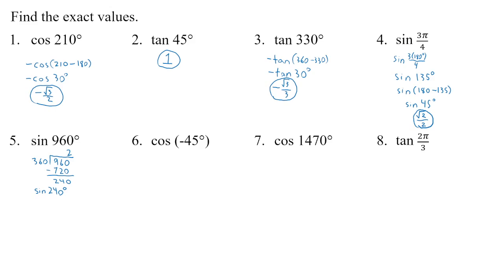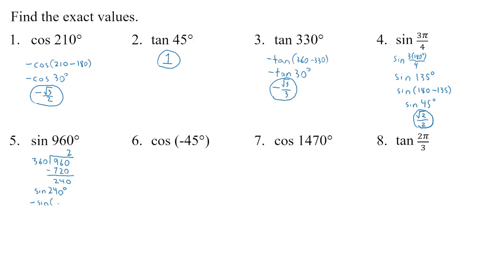So now we're looking for a sine of 240. 240 degrees is between 180 and 270, meaning that the terminal side is in the third quadrant, which means sine is negative.